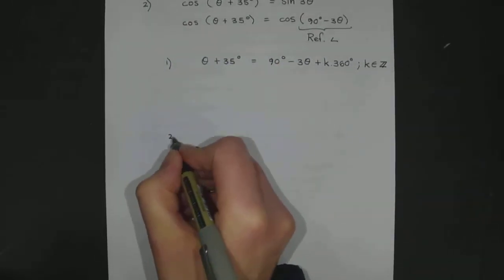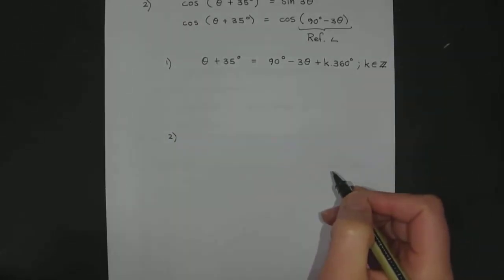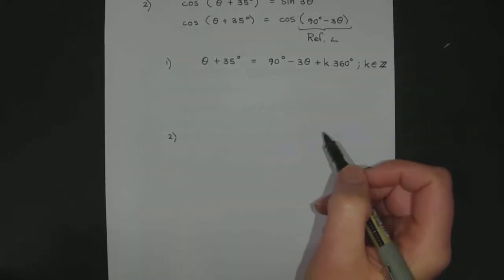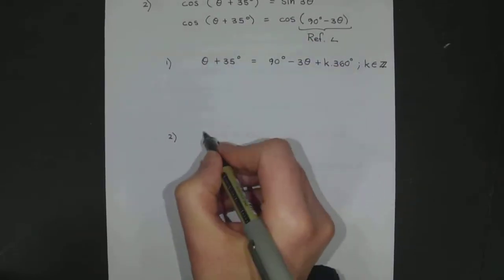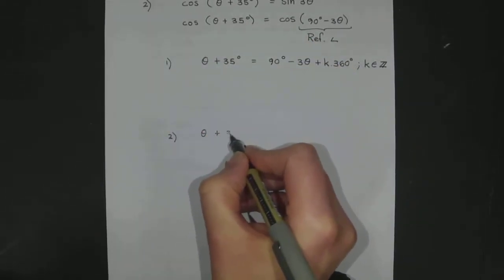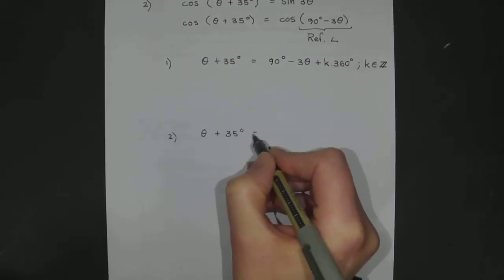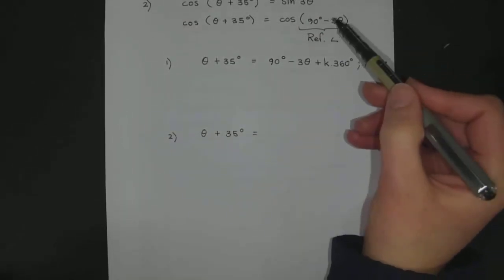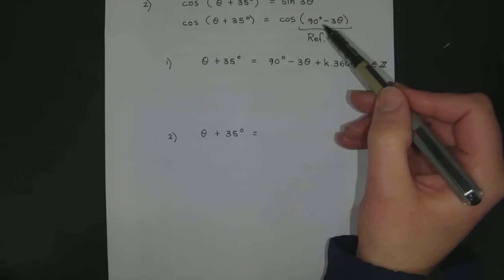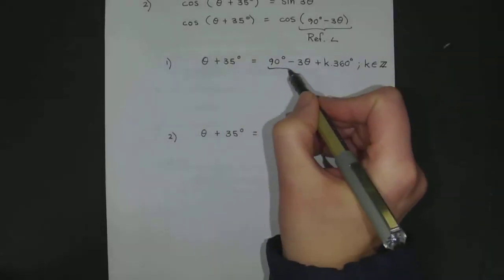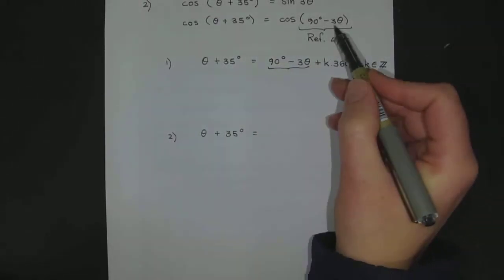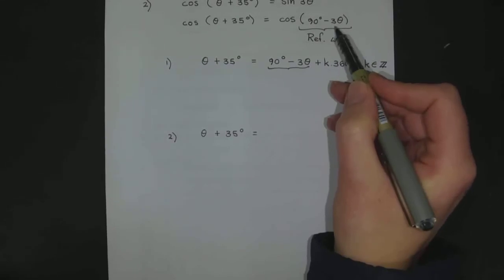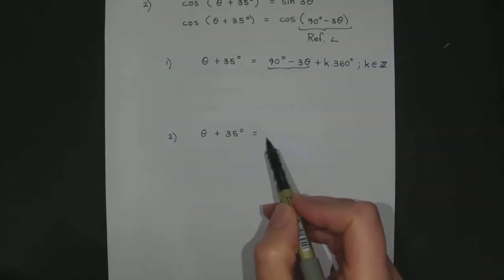So the second bit of that cosine general solution is then the only tricky part here. We're going to say theta plus 35 degrees is equal to, and hopefully you guys will remember, the general solution for cosine says you use the reference angle as it is, but then you also have to put a minus in front of the reference angle for the second part.